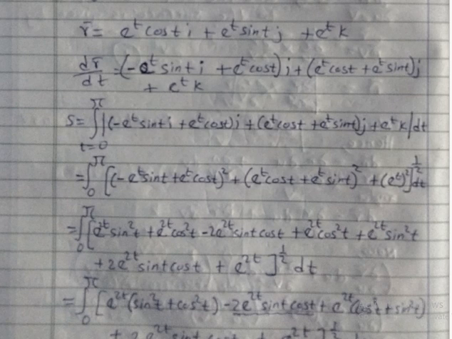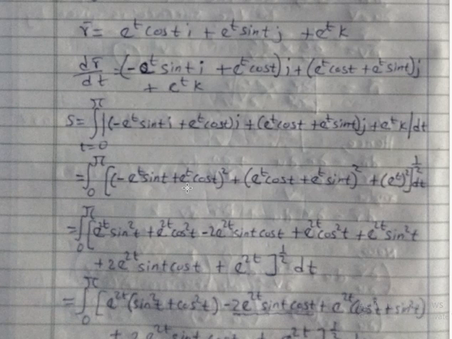So when we square, we are going to have exponential of 2t sine squared of t plus exponential of 2t, the square of cosine of t, minus twice exponential of 2t, the sine of t cosine of t. That is from the first square.